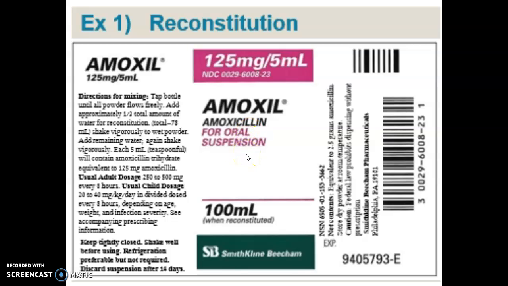Next question. What type of diluent do we need to use? Over here on the side, it's talking to you about directions for mixing. It says tap the bottle until all the powder flows freely. Add approximately a third of the total amount of water for reconstitution, and it says a total of 78 mils.